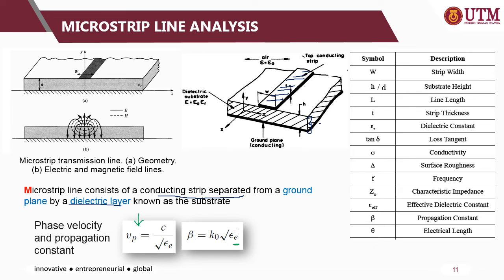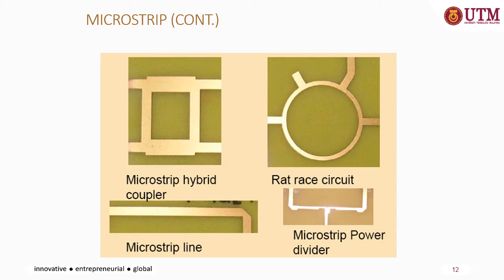Okay, so you need to be careful. Make sure when you refer to the appendix, you refer to the right equation. The slide shows some fabricated microstrip lines used as a coupler and also power divider.